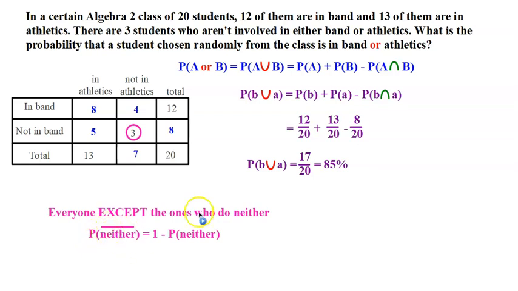We want the ones that are in neither one. So the probability that they do neither is 3 out of 20. And so all we have to do is 1 minus 3/20, which would be 17/20. All right, so a little shortcut, another way you could do that.